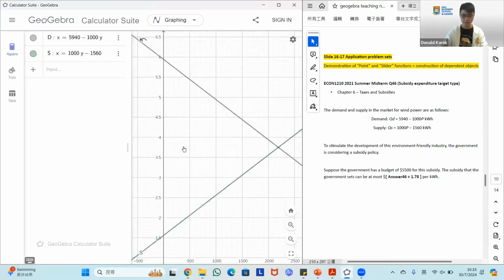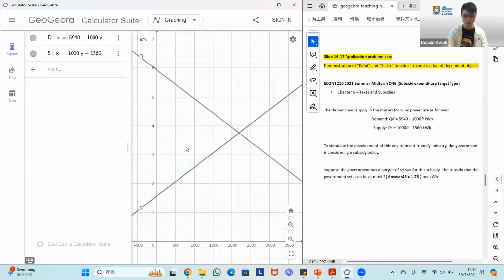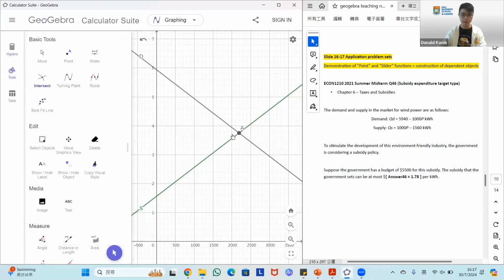All right, like this. For this problem, we are going to use a trial and error approach to find the per unit subsidy that can achieve the target subsidy expenditure of $5,500. And this will be the market equilibrium point.